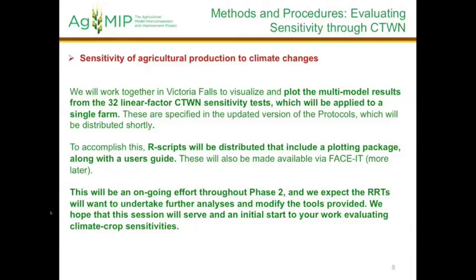For changing Tmax and Tmin, we are going to move incrementally from -2, 0, +2, up to 8 degrees Celsius, for a total of 6 simulations. And this is separate from the carbon dioxide concentrations, right? So we're testing each of these things individually. For rainfall, we've got 8 factors that will be varying.